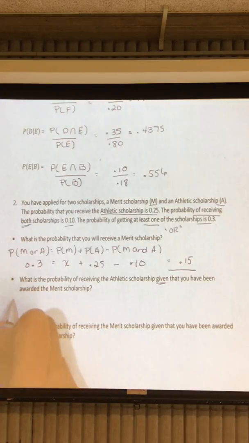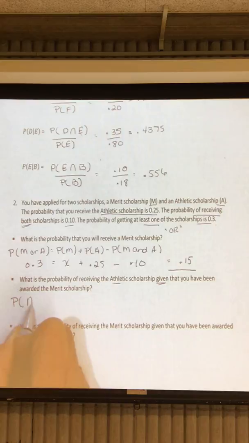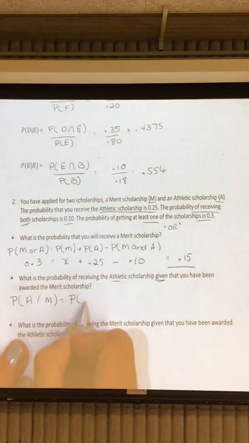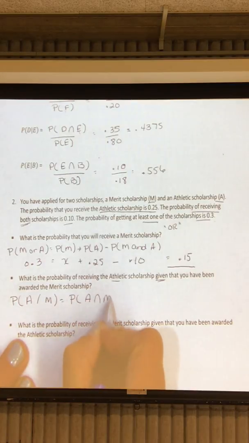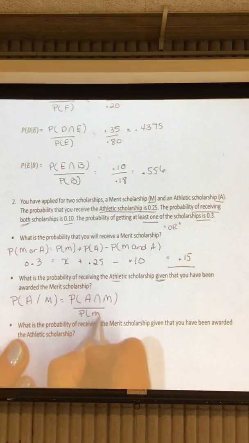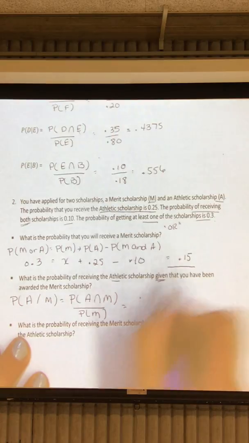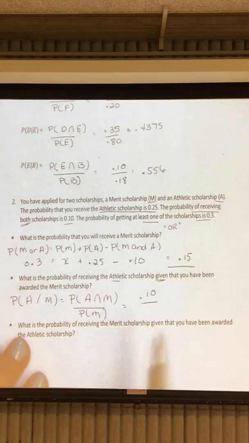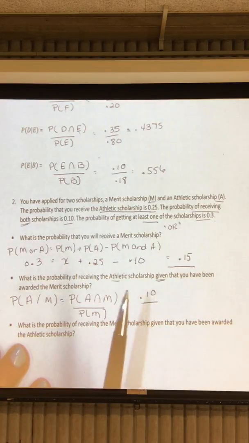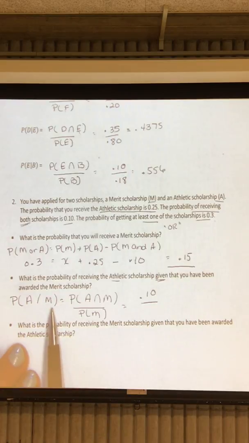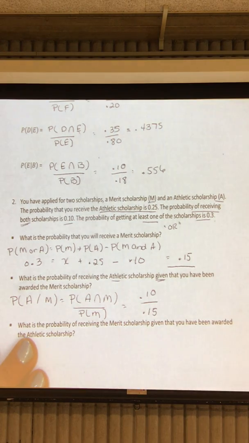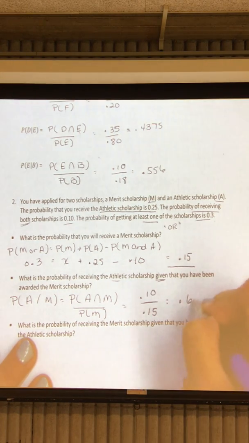So now you want to find the probability of A given M. So now your formula is the probability of A and M over the probability of M. So A and M, we know it to be 0.10 from the problem, over the probability of M, and we just calculated the probability of M to be 0.15. So 0.10 divided by 0.15 is 0.667.